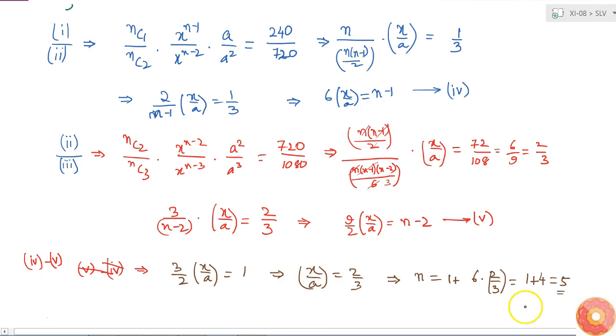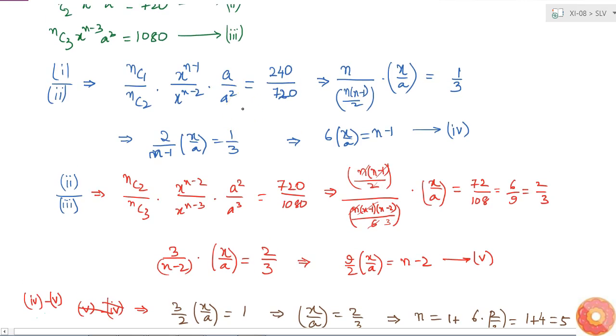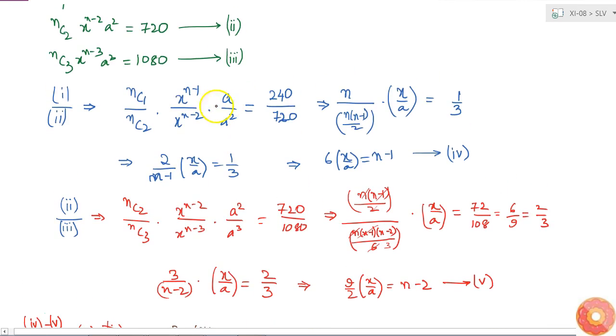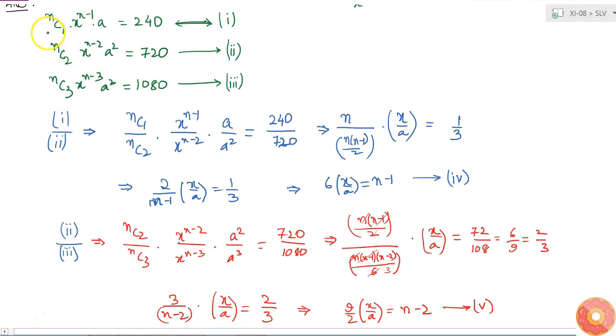After that I got the value of n, and I also got the value of x by a. So to get the value of x and a, what will I do? If I substitute the value of n is equal to 5 in, let us say, the first equation. The first equation is nC1 into x^(n-1) into a is 240.